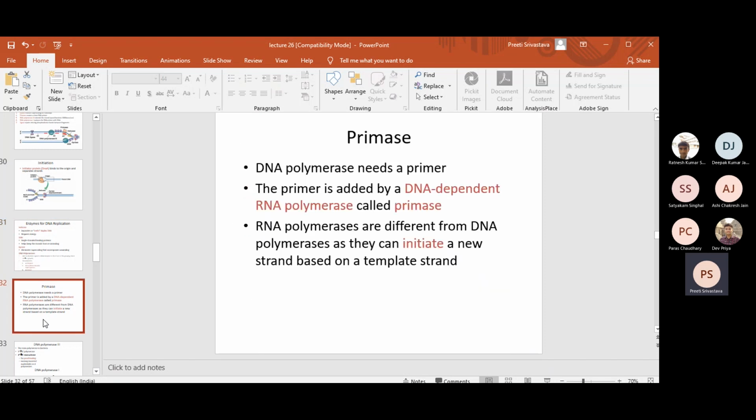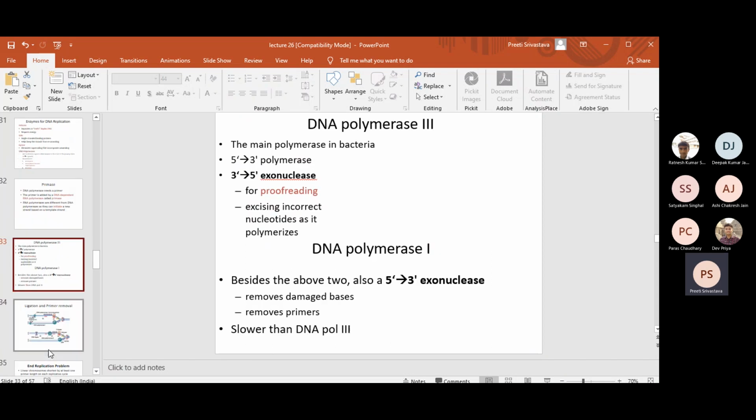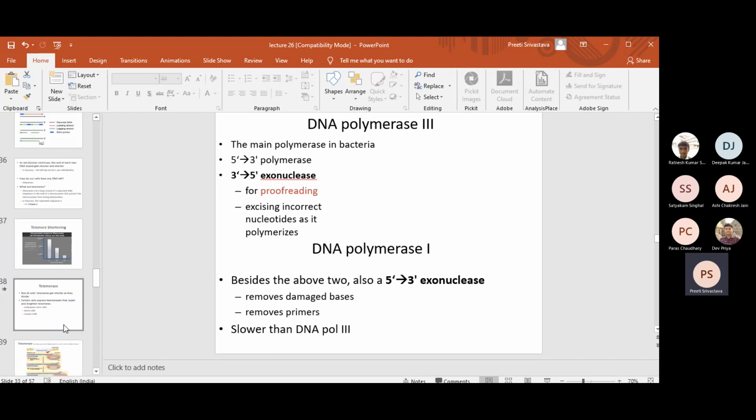Then I think we already discussed the role of primer. It is required for the synthesis, and this is about the DNA polymerase 1 that I mentioned to you, that it has 5' to 3' exonuclease activity.